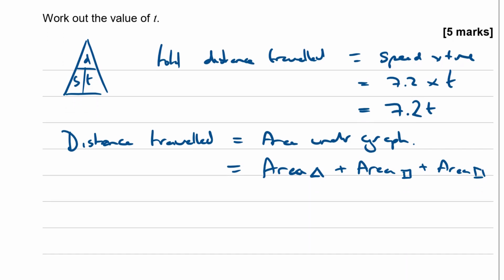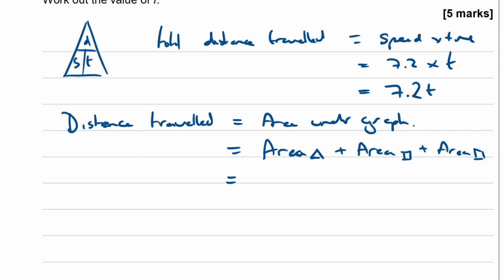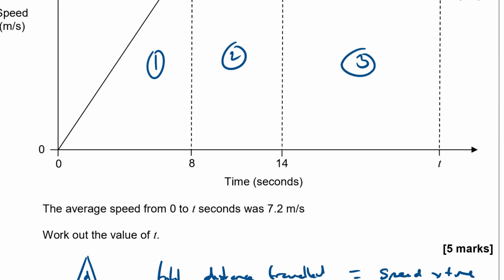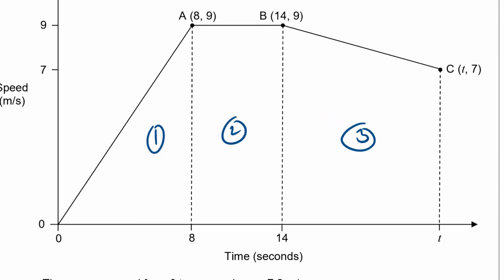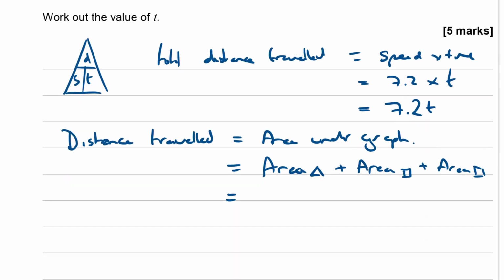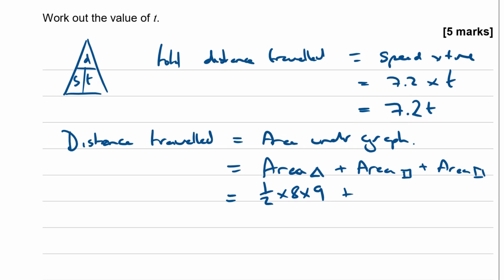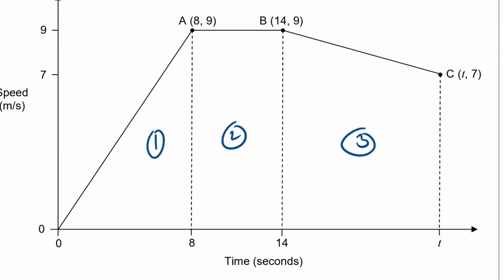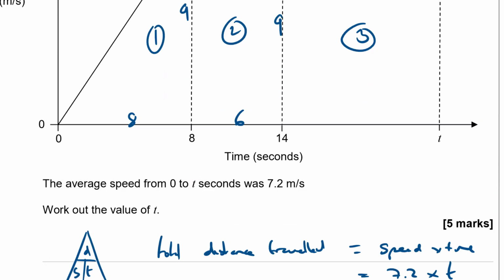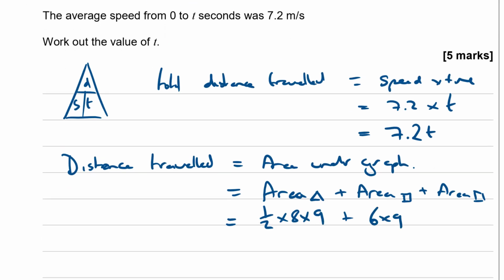The area of my triangle is going to be half base times height, isn't it? So it's going to be half 8 times 9. For my rectangle, that was 8, that was 9. The length of my rectangle is going to be the difference between 8 and 14, which is 6. It's also got a height of 9, so that's going to be 6 times 9.